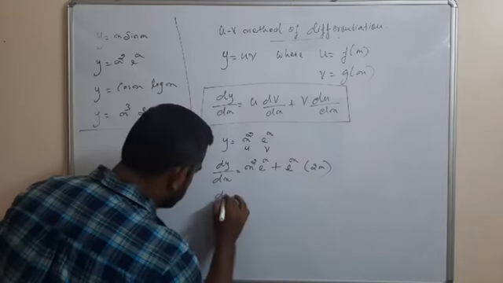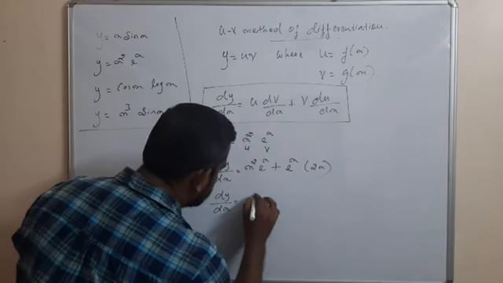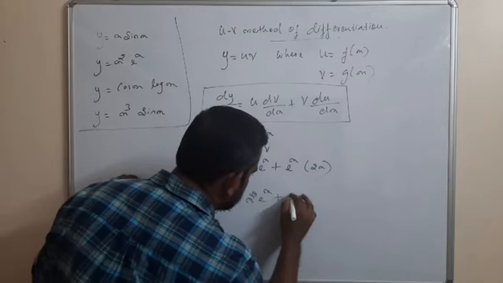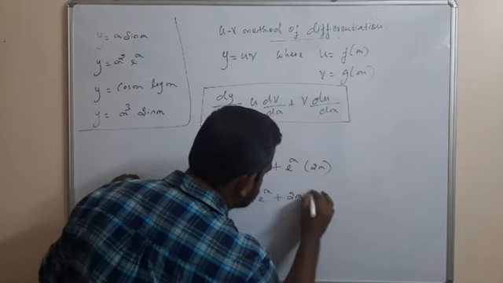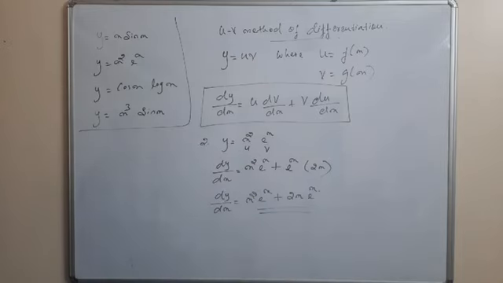So dy by dx equal to x square e power x plus 2x e power x. So that is the answer. Clear?